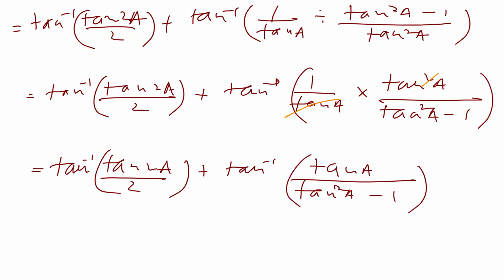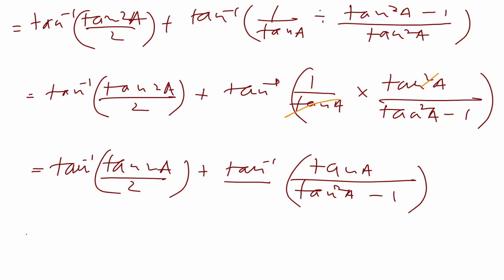Till here, I guess the things were pretty simple and calculative, but now we'll have to apply some logic. Outside we are having tan inverse, so whenever outside we are having tan inverse, inside preferably we should have something in terms of tan as a single term. So we'll make the entire round bracket in terms of tan. See how.